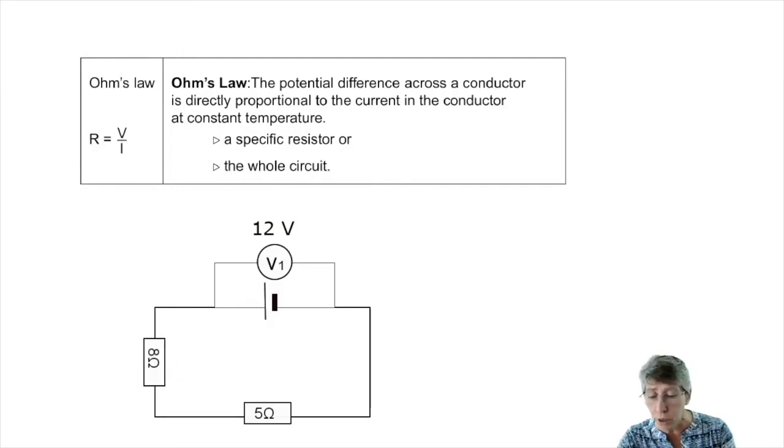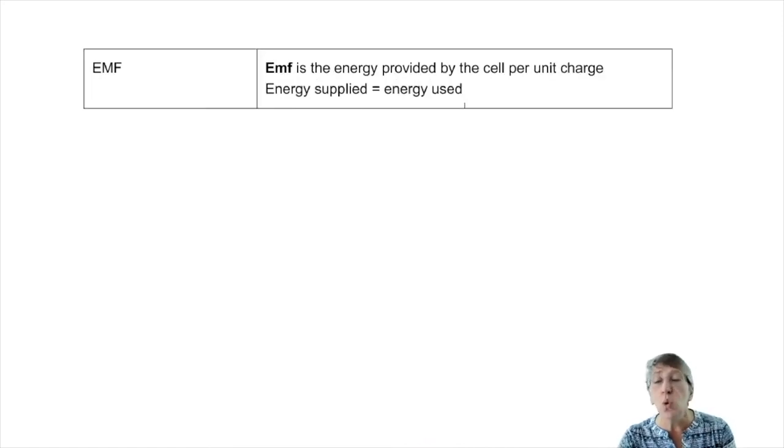If I want to use that 12, I will have to get the total resistance of the circuit first. So I will have to add them together, and then I'm going to use R equals V over I, not for the specific resistor, but for the whole circuit. And then, since the whole circuit is in series, it doesn't matter where I'm asked for the current, it will be the same everywhere. Now we are going to talk about EMF.